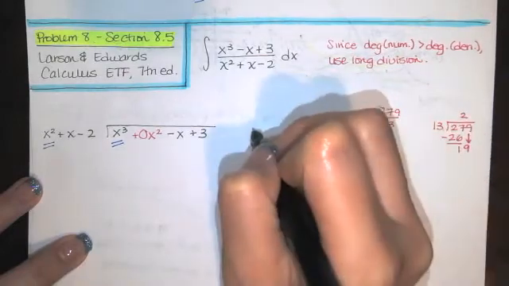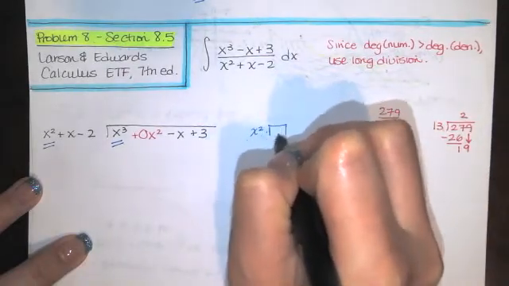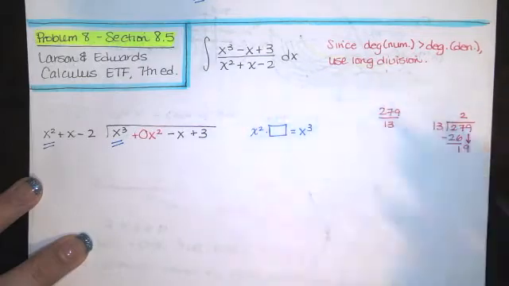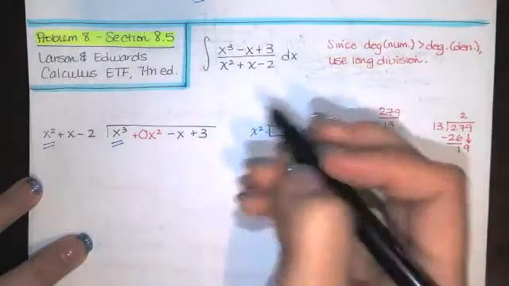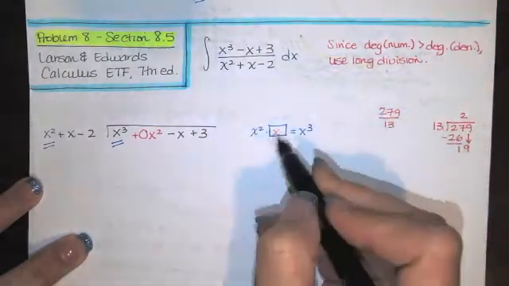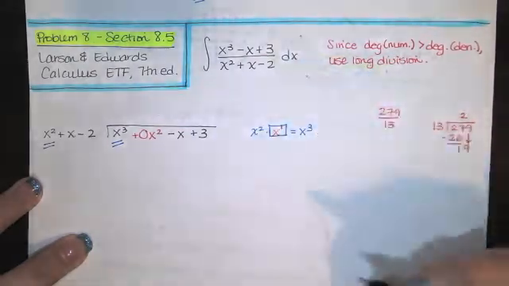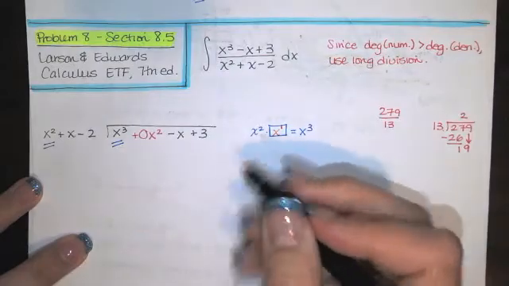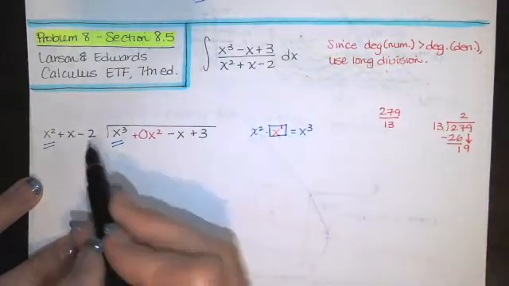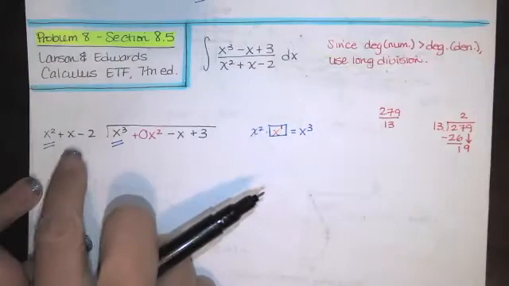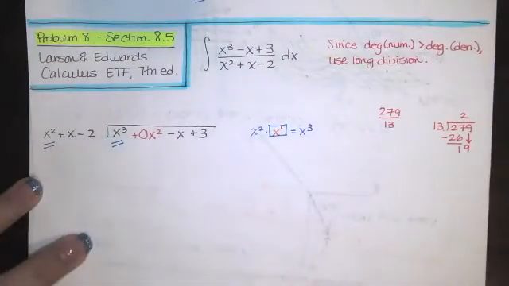I say to myself, x squared times what will give me x cubed? And I can see right away that all I'm missing is an x. I've got an x squared. I want 3 x's multiplying each other. I need 1 more. So x is how many times x squared goes into x cubed.